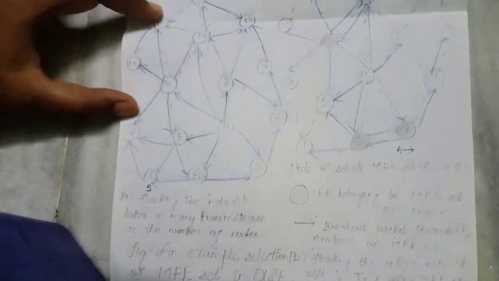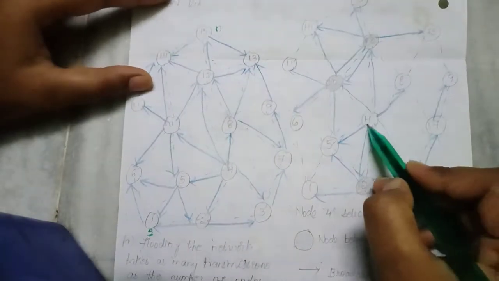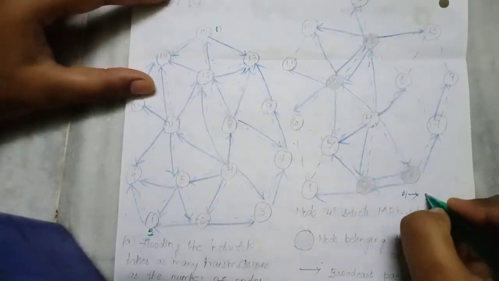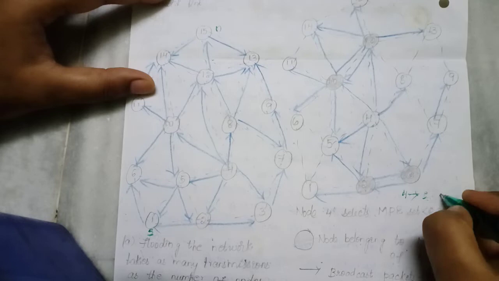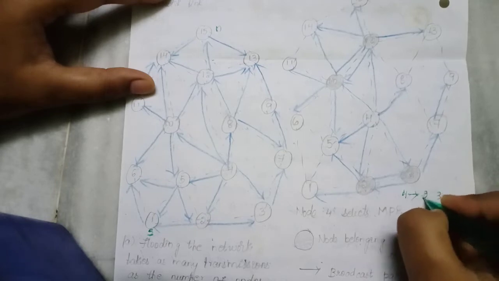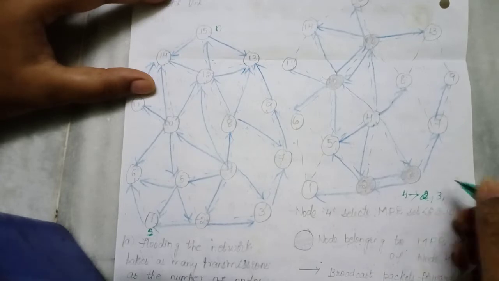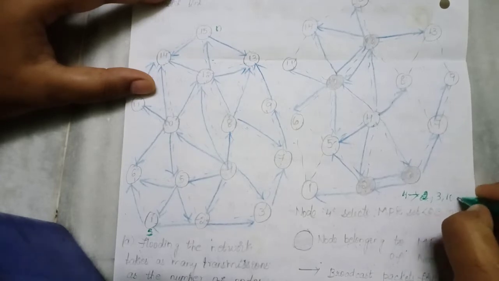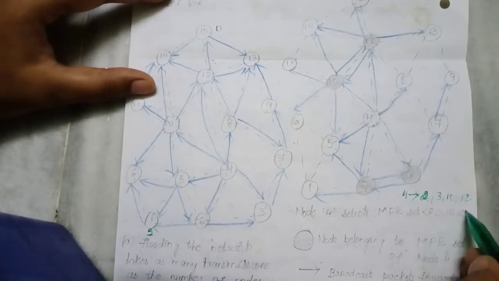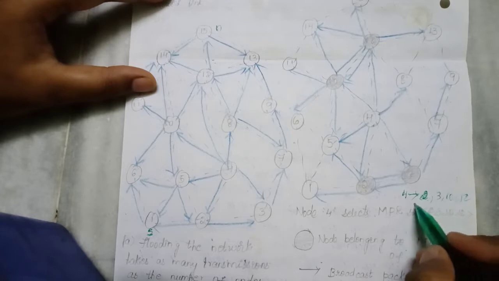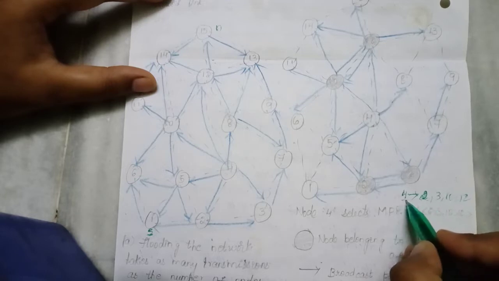See, I'll again tell you here. Here node 4 has selected an MPR set which has 2, 3, 10, 12. 2, 3, 10, 12 are the MPR set of node 4, right?